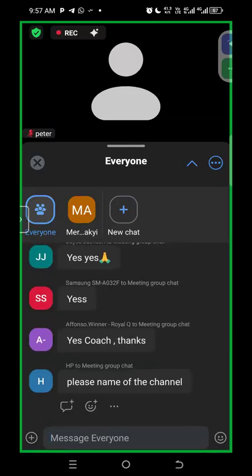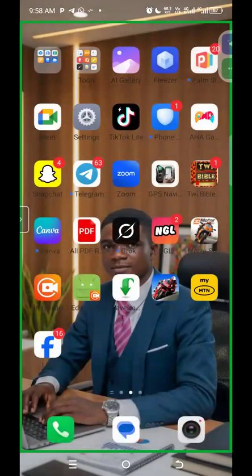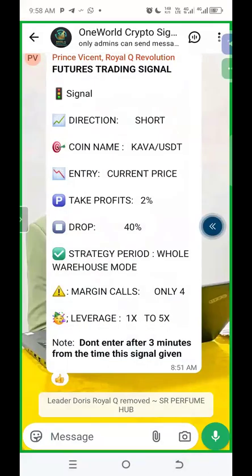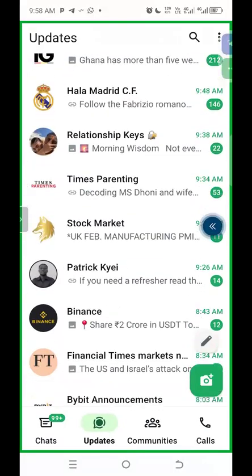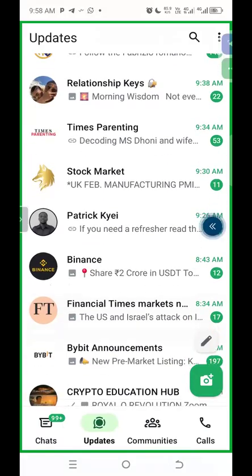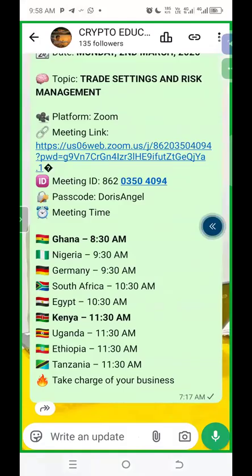So I believe now, let me use the opportunity to advise you. Whoever gets into your DM to share a Ponzi scheme with you, please stay away. Whoever claims he is a leader, listen to me. Whoever claims he or she is a particular leader from wherever or whatever, please ignore such a person. Forget about all those telling you they want to do this, they want to do that.